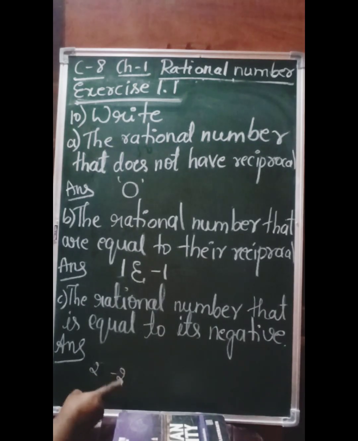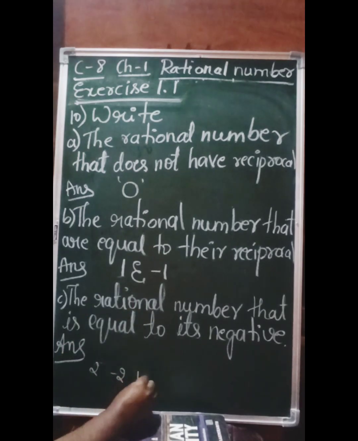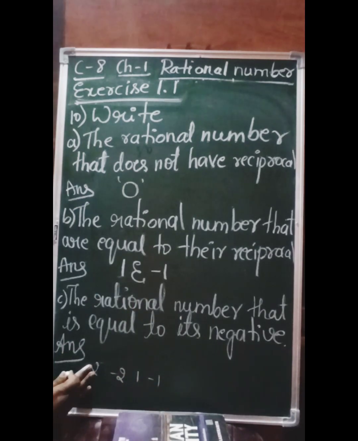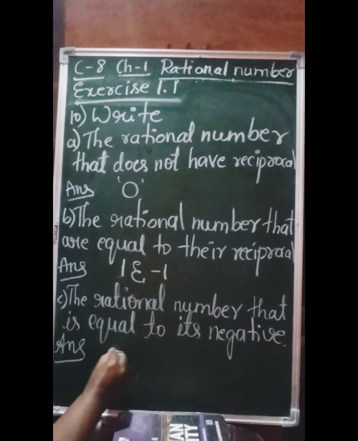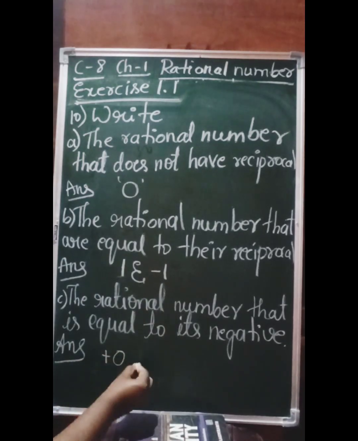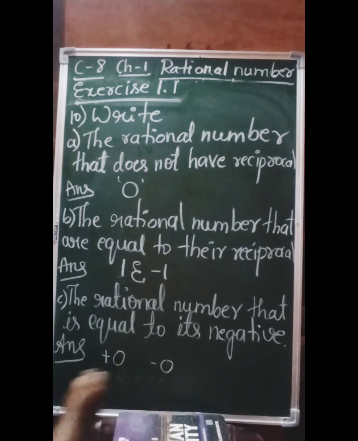And even 1 is not equal to minus 1, right? So the only rational number which is equal to its negative is 0. Plus 0 or minus 0, both are the same, right? So this is the last problem, and the 11th problem is fill in the blanks.